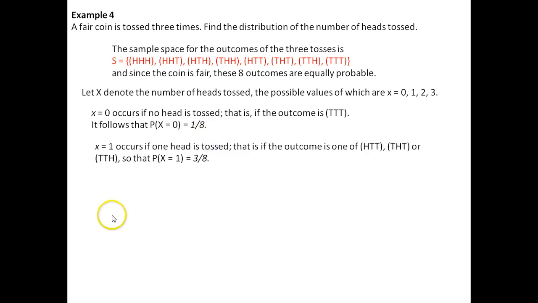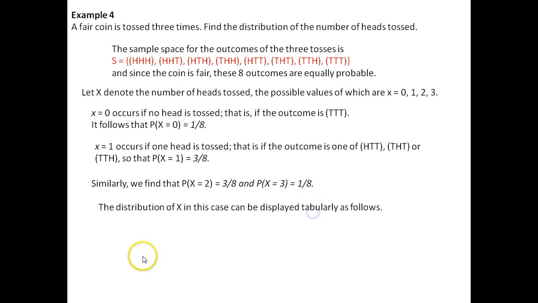If X is 1, this occurs if 1 head is tossed, that is, the outcome could be head, tail, tail, or tail, head, tail, or tail, tail, head. So the probability of X is 1 would be 3/8, because we've got 3 possibilities, and they're all equally likely. Similarly, we find that X is 2, 2 heads, is also 3/8, and X is 3, which is 3 heads, is 1/8.